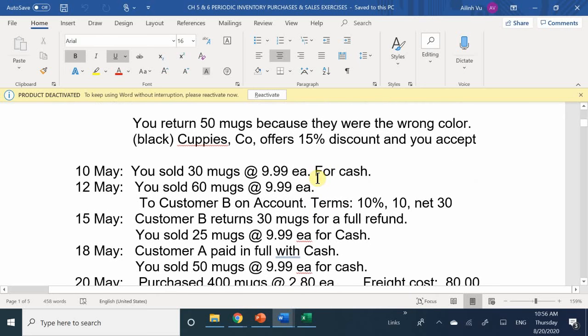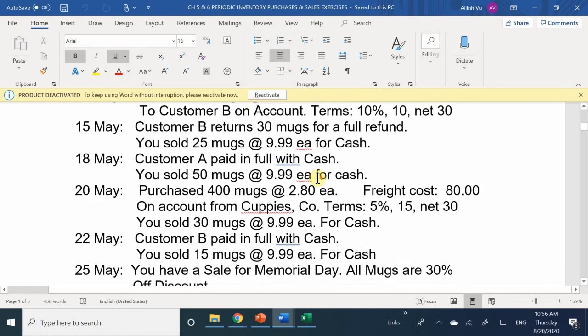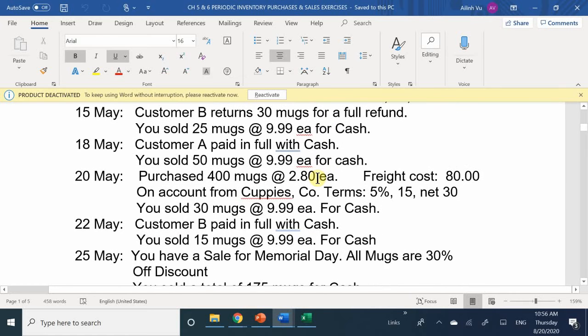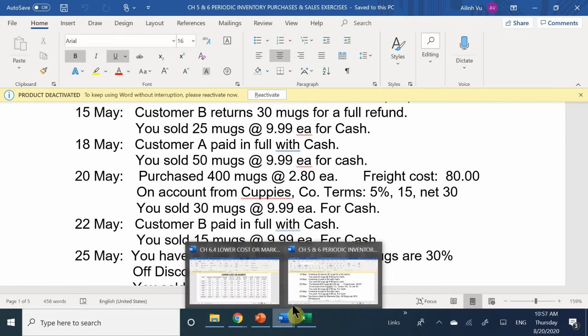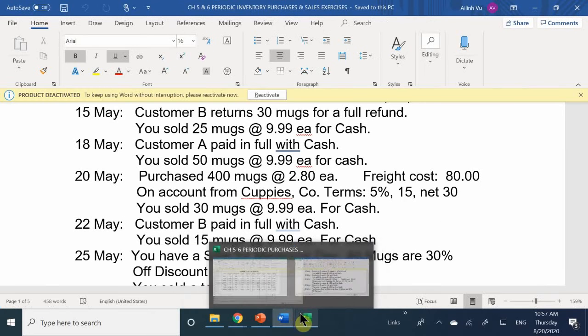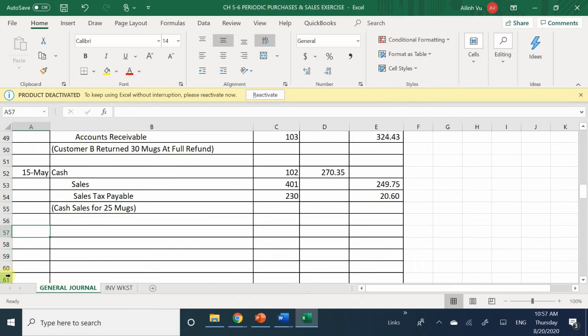All right. So I am on May 18th. Customer A pays in full with what? Cash. They paid me in cash. So they came to the store and said, "Hey, how much do I owe?" All right. So I'm going to go to my journal. Now that we know this is the scenario, what is going to be my total amount?